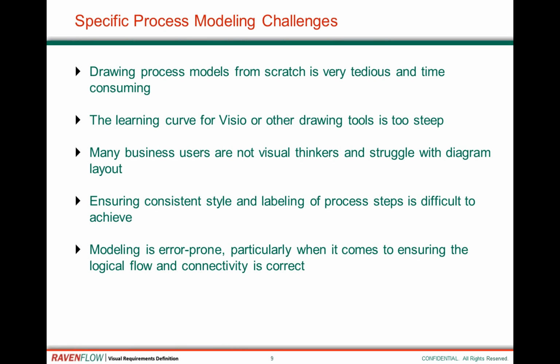And then ultimately, modeling is a challenge because it happens to be error prone. You have to make sure that it's logically correct, that the flows are proceeding in the right direction and between the right set of steps, and just to make sure that the process is not only functionally complete but logically correct as it can possibly be.